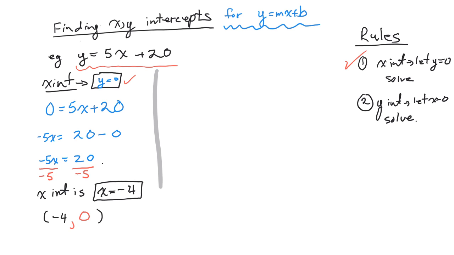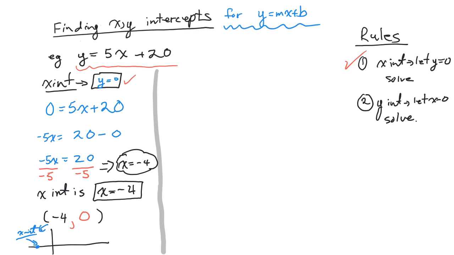So this is just x is equal to negative 4, and you just simplify and punch it in. If I was looking at my graph, I would literally have a point at negative 4, 0, and that would be my x-intercept, which would be on that x-axis.